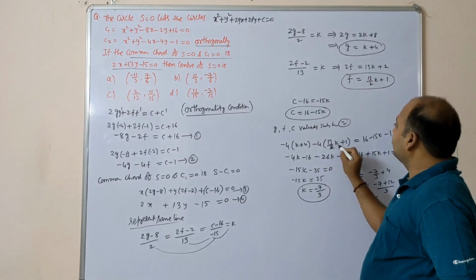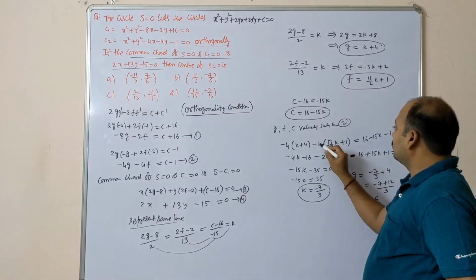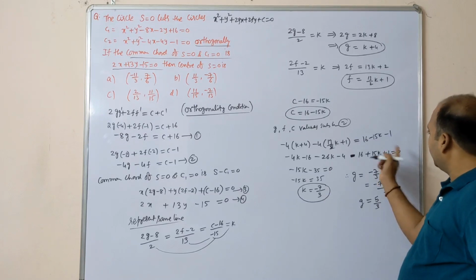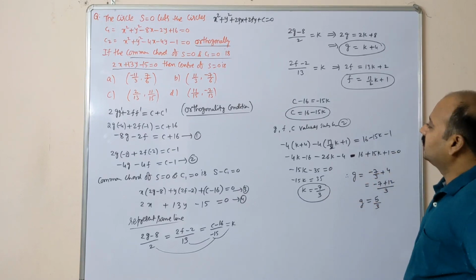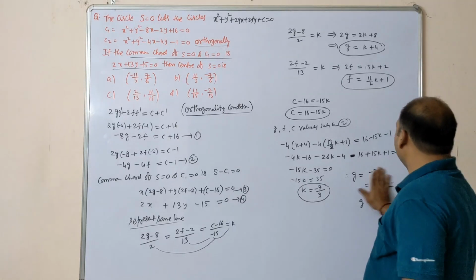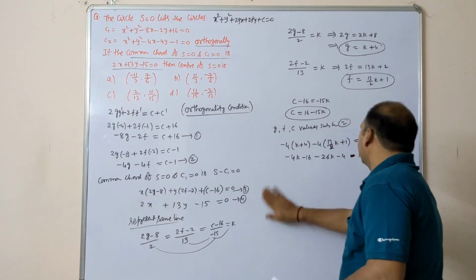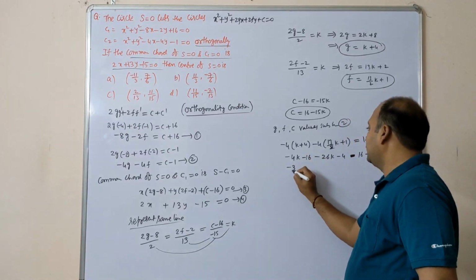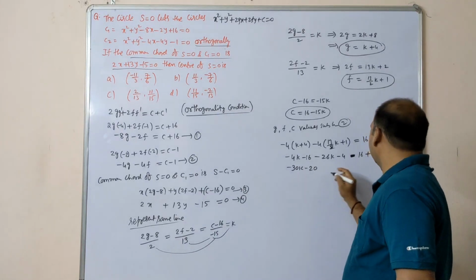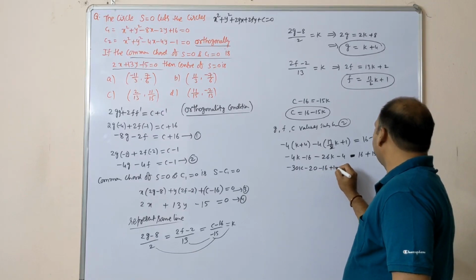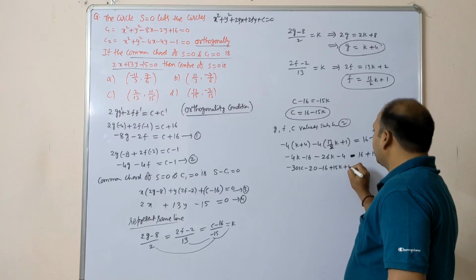Minus 4 into (13 by 2 k plus 1), 2 into 13 is 26k minus 4, minus 16 plus 15k plus 1 equal to 0.